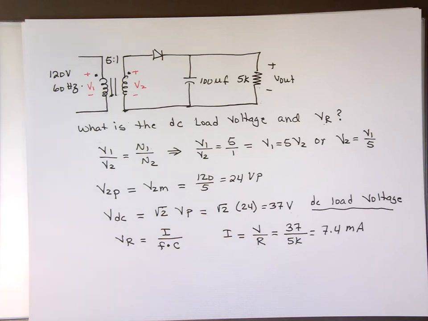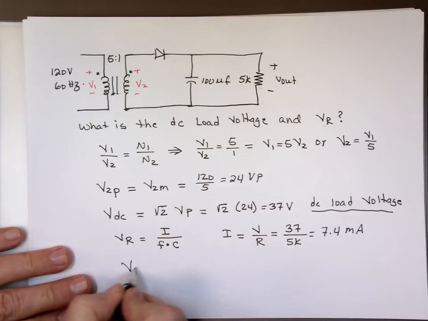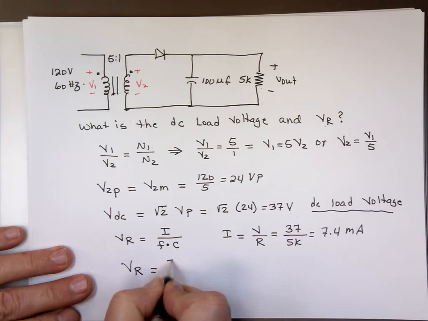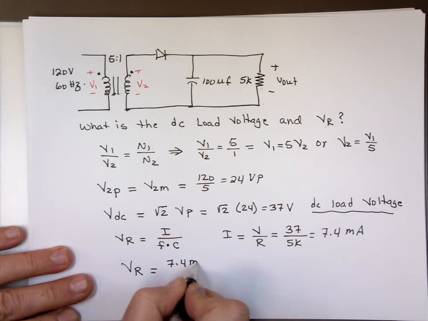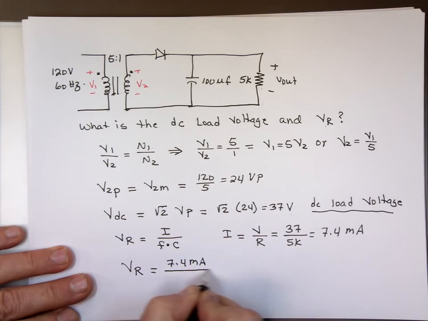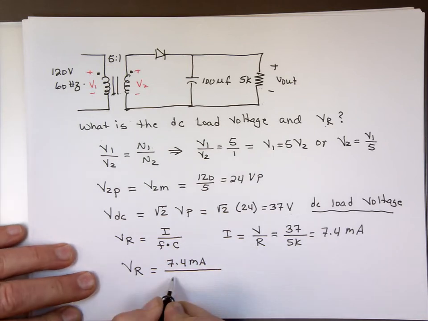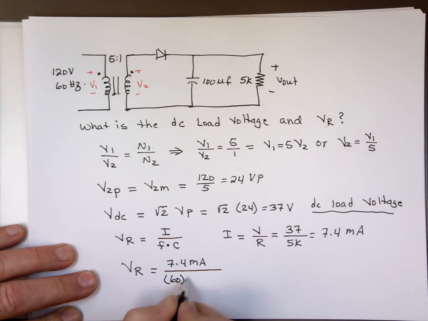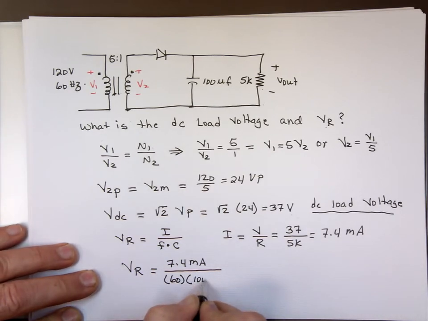So what is VR equal to? I, which is 7.4 milliamp, divided by frequency, which is 60, and capacitor, which is what? 100 microfarad. Micro is 10 to the negative 6.